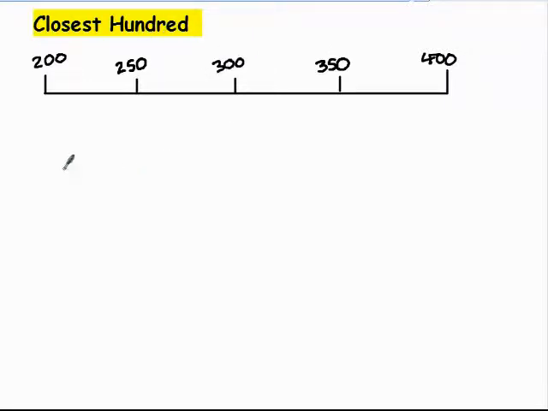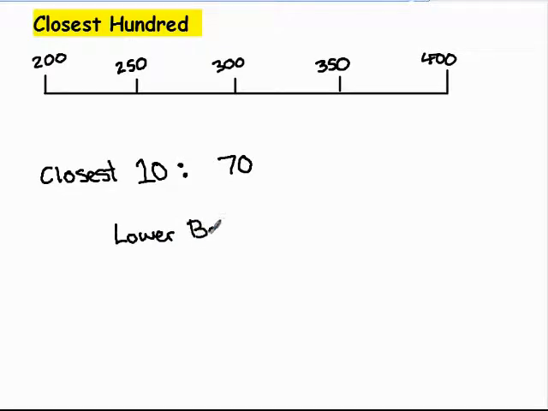So if I had rounded a number to the closest 10, for example 70, how far either side of 70 would we have to go for our lower bound and our upper bound?